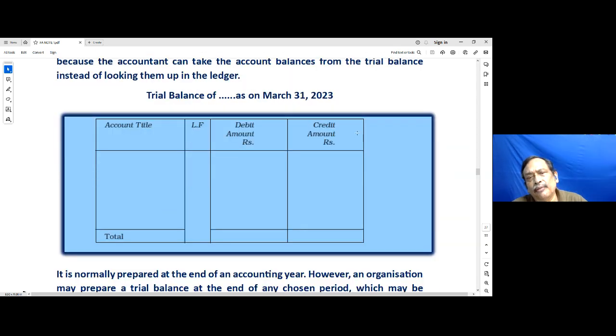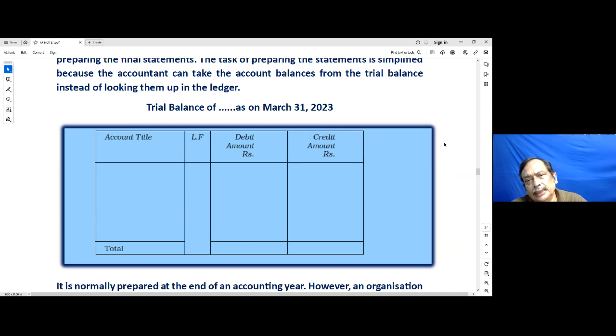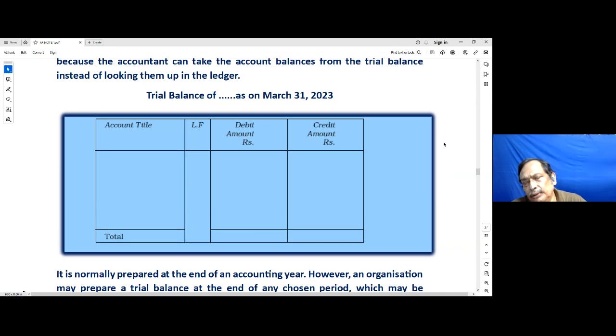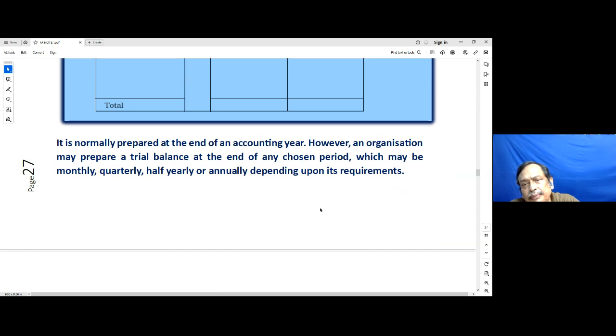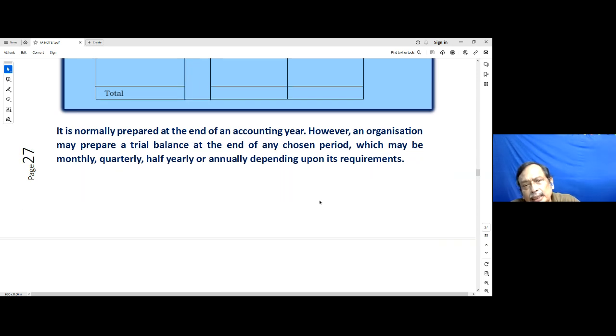So this is the format, that is account title, ledger folio, debit amount rupees, credit amount rupees. It is normally prepared at the end of an accounting year.